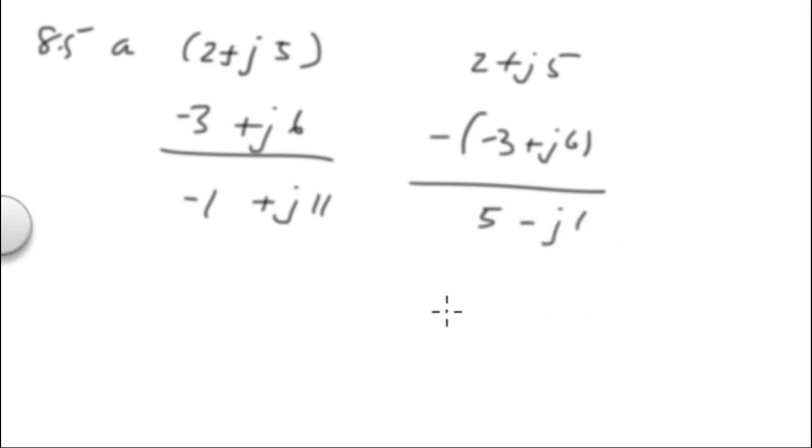For multiplication, you really have to convert these to their polar format. So 2 plus j5, let's go back and do it again. 2 plus j5 is equal to 5.38 at angle 68.19.